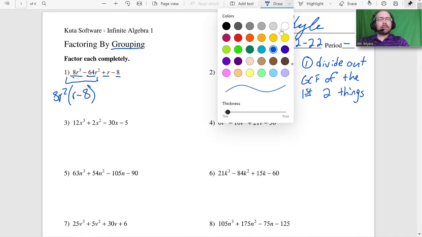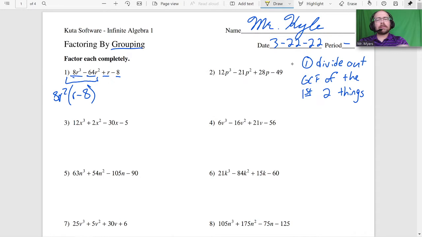Then you have the next part. So I'm going to use a different color here. The next part, we group the other two. Well, there's really nothing in common. They don't have anything in common. So if that happens, then what you do is you take out a 1, so plus 1. And you keep the sign of the middle term here, the second from the right, I guess technically. There's not really a middle term.